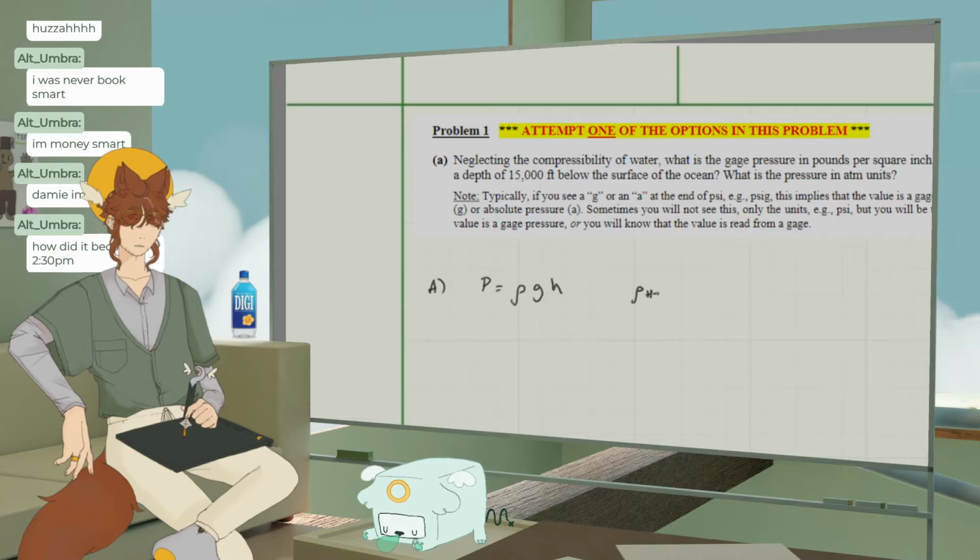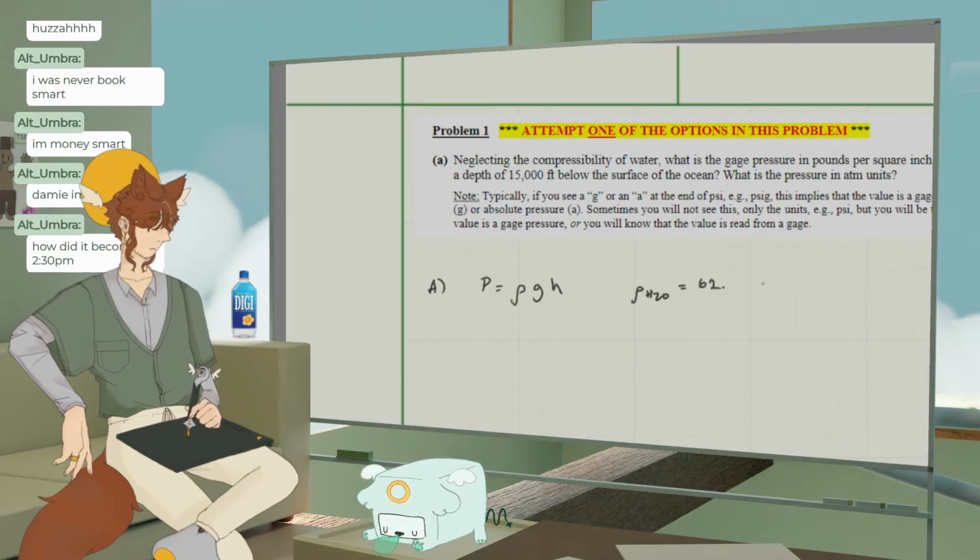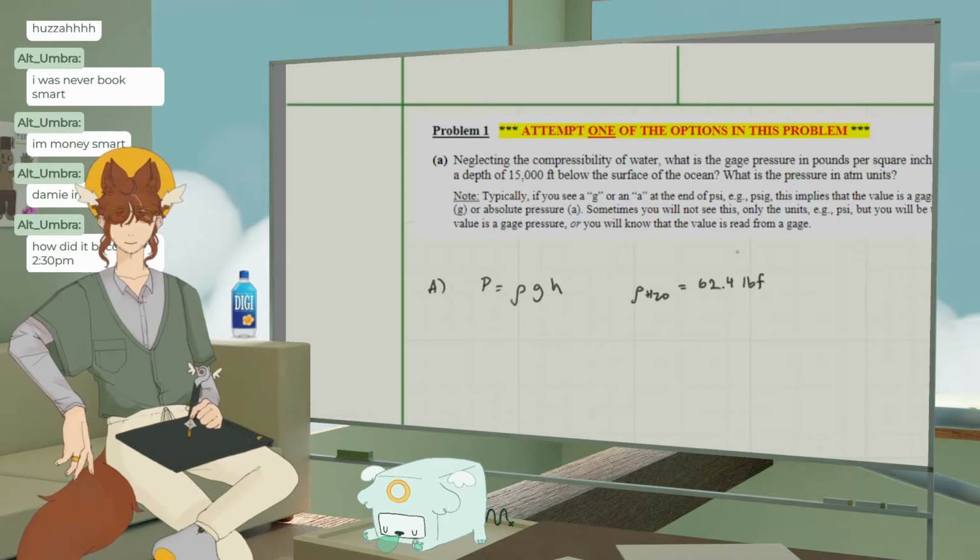Okay, density of H2O equals 62.4. Now, pounds force or pounds mass? I think it might be pounds force. I had to guess. Pounds force per feet cubed.